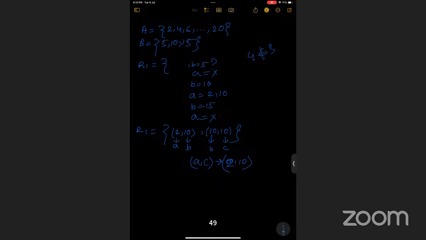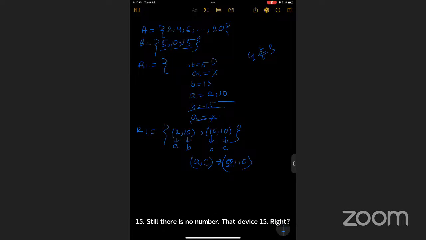So here you have three options. B can be 5, B can be 10, or B can be 15. No other options. Okay, so ma'am, if B is 5, there is no even number that divides 5, right? Yes, ma'am. If B is 15, still there is no number that divides 15, right? Yes, ma'am.